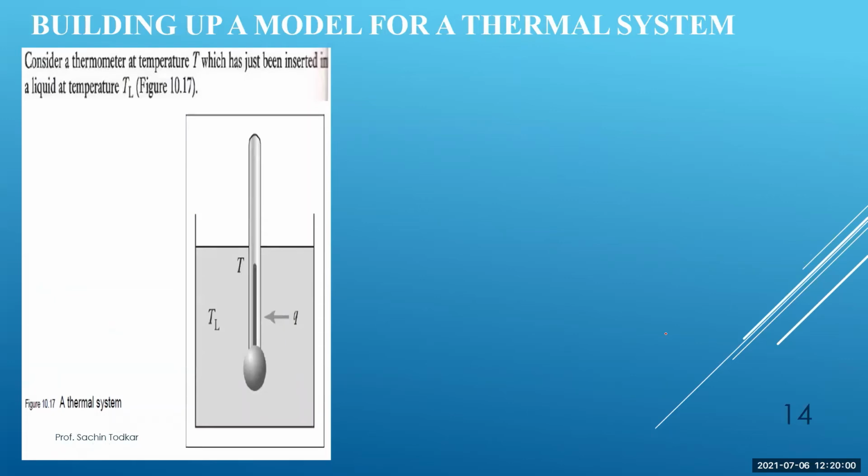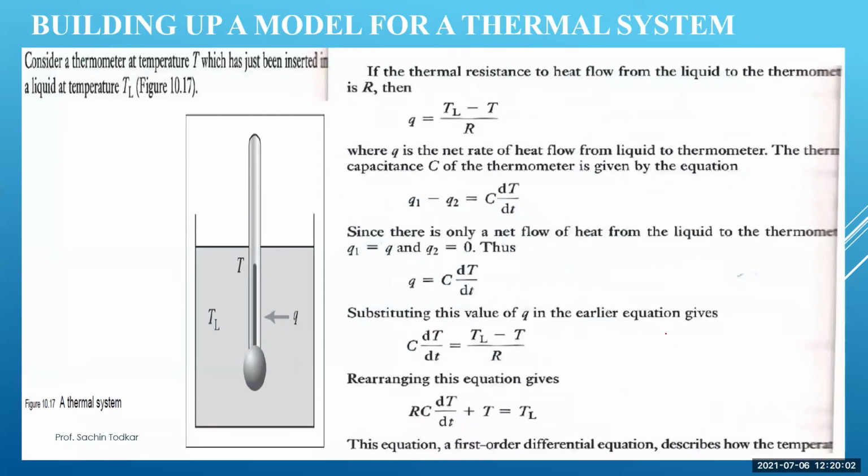We'll consider one model of a thermal system. In this case, if the thermal resistance to heat flow from liquid to the thermometer is R, then Q is equal to TL minus T divided by R. TL is the liquid temperature and T is the temperature which has been measured, where Q is the net rate of heat flow from liquid to thermometer, and the thermal capacitance C of the thermometer is given by, as we have seen, C into dT by dt.